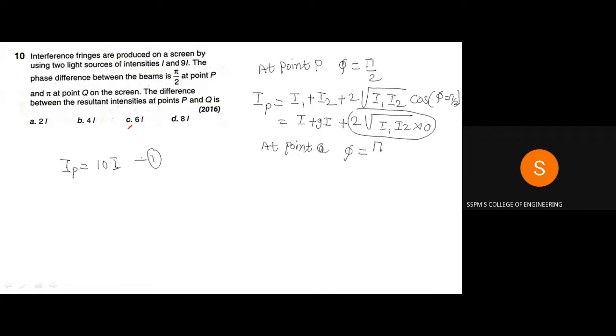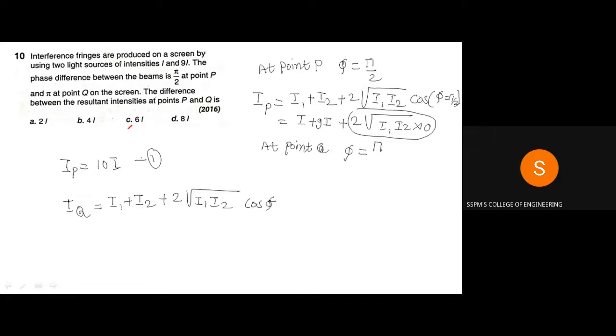Now 10I. Similarly, IQ equals I1 plus I2 plus 2 times square root of I1 I2 cos pi.